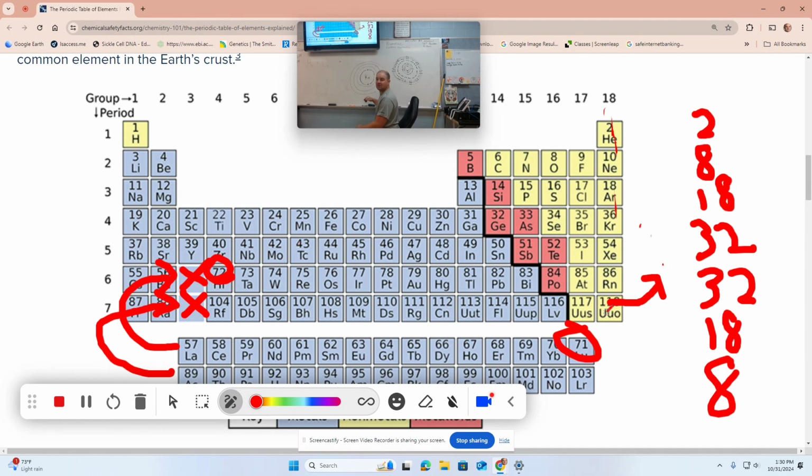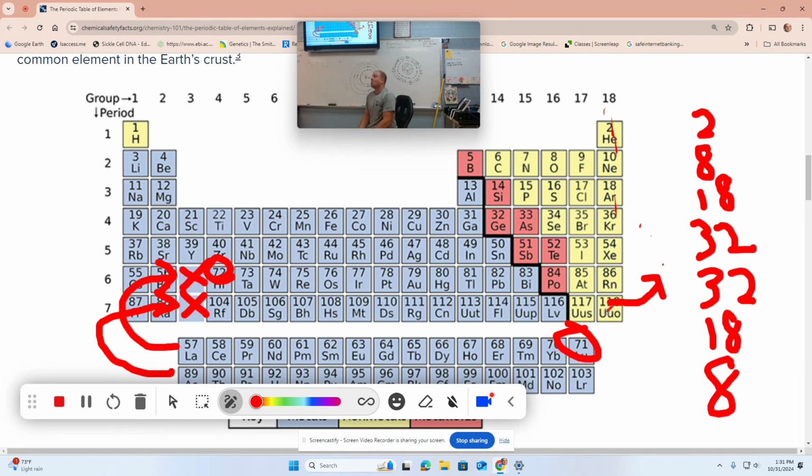The second, representing the second row of the periodic table, there's 8 elements there. We'd have 8 electrons. The third row represents the third ring. There's 8 of them there. Okay, so we're going to start off by putting 8 here. 1, 2, 3, 4, 5, 6, 7, 8.